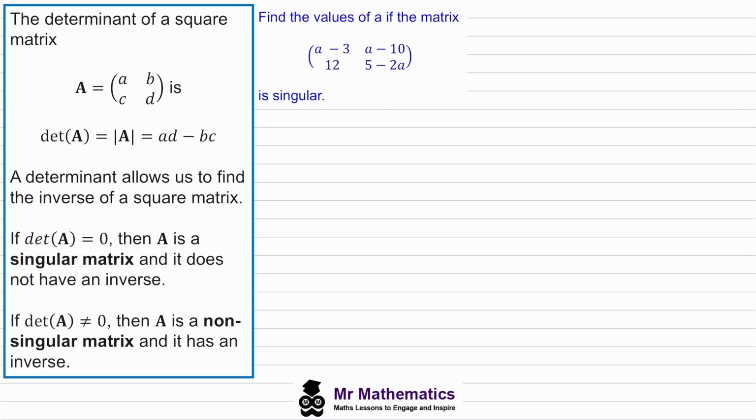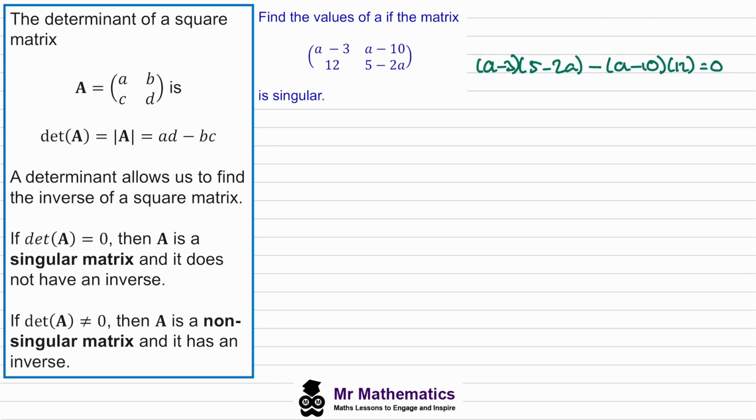Okay, so in this example, we've been asked to work out the value of a if this matrix is singular. So because it's singular, we know the (a minus 3) multiplied by the (5 minus 2a) minus the (a minus 10) multiplied by 12 will equal 0.